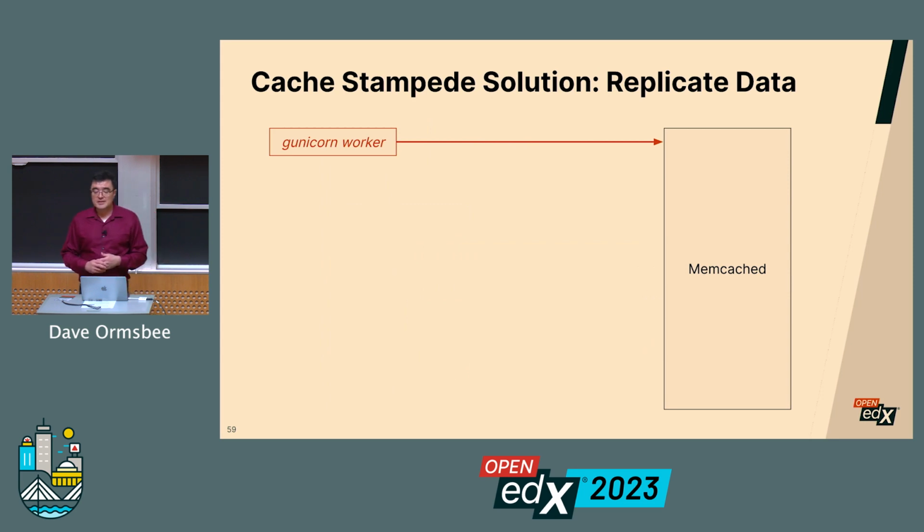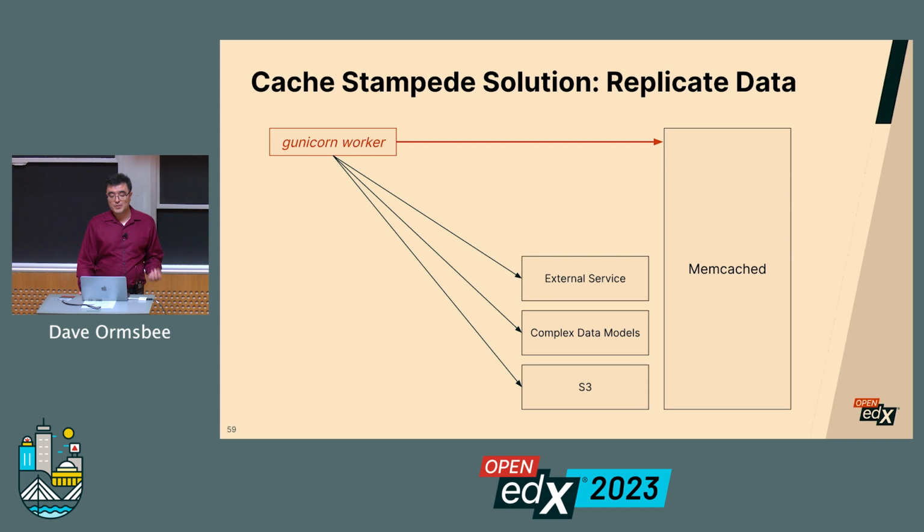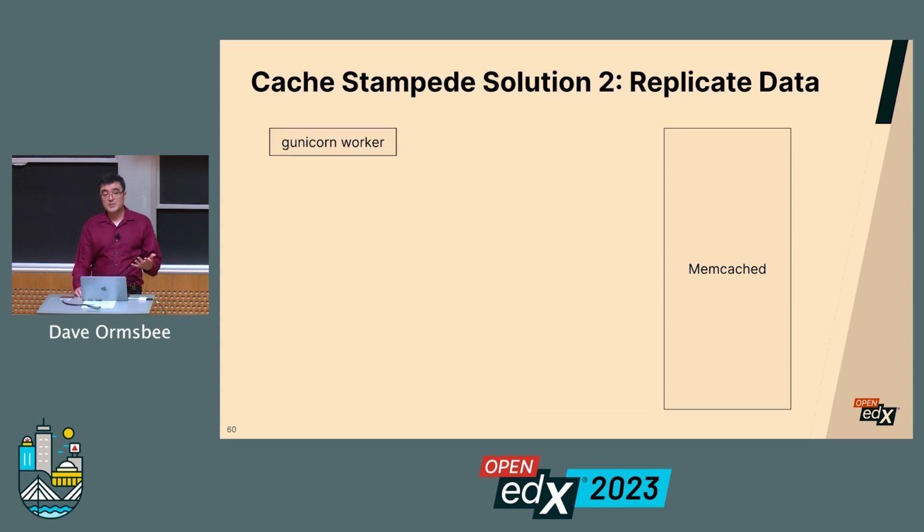So the only real solution that we've done to handle cache stampede is to actually replicate data out. So what happens right now, let's say you have a unicorn worker, and on the cache miss, it has to recompute some values, and it's really expensive. It calls an external service, crazy data models, S3, to serve the request.